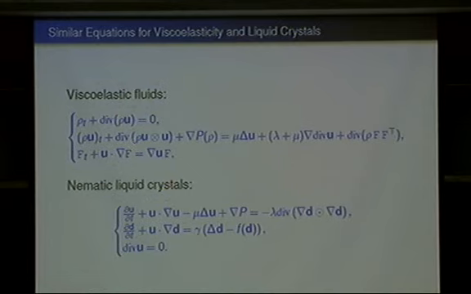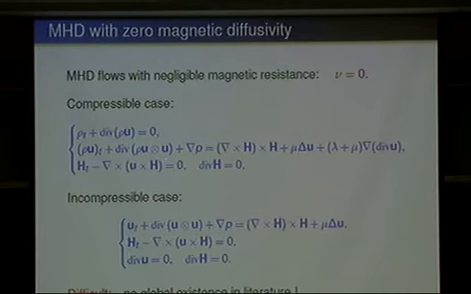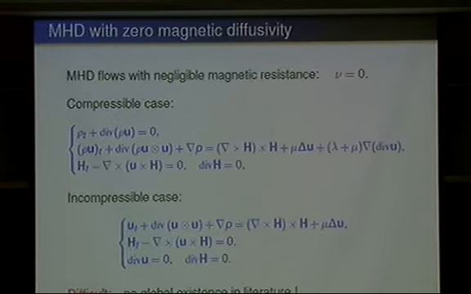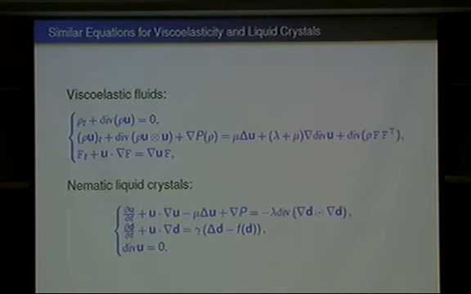I'm not going to talk about any results about this, but although they are similar, for some problems this one is actually better than the MHD case, because you can prove a very good property for the deformation gradient F. But the corresponding property does not hold for H here. So in some sense, MHD is harder than viscoelastic fluids.